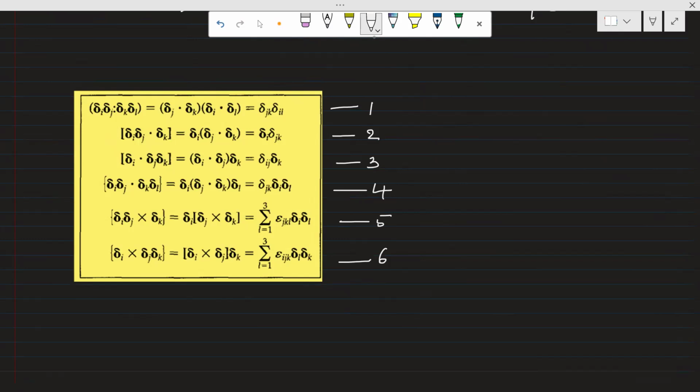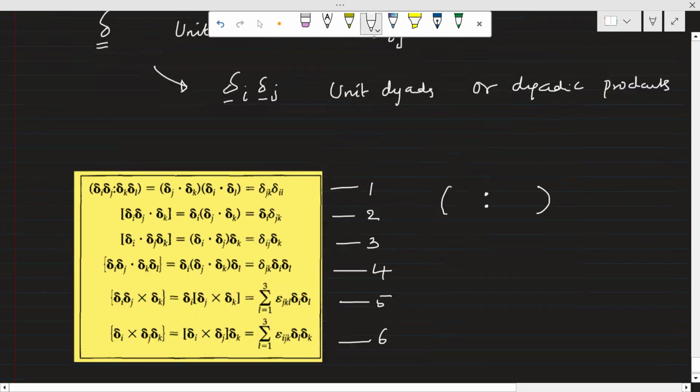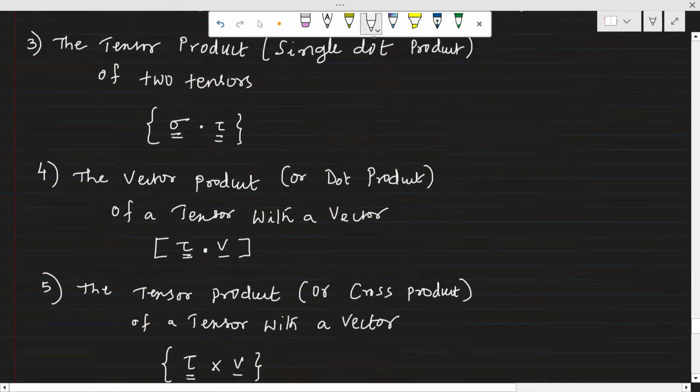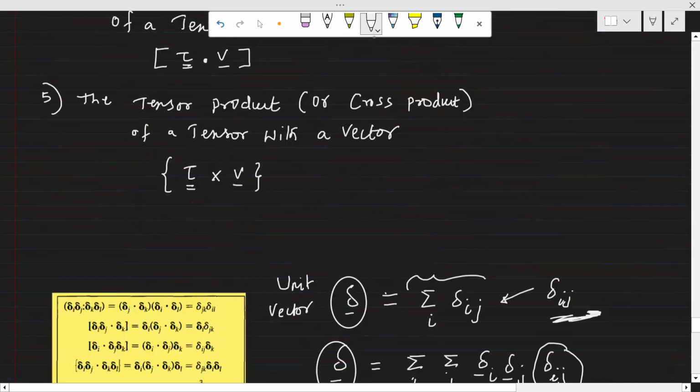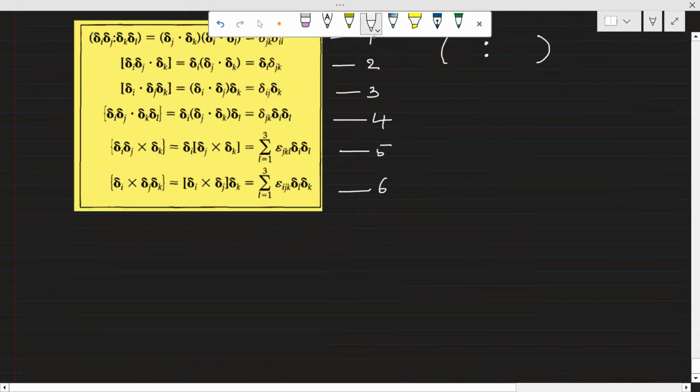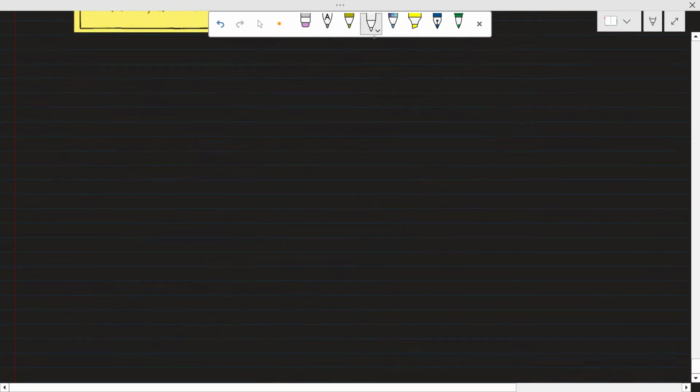So, as it is, if there is a double dot between two tensors, what do you call it? The scalar product or double dot product of two tensors. It is known as the double dot operation.